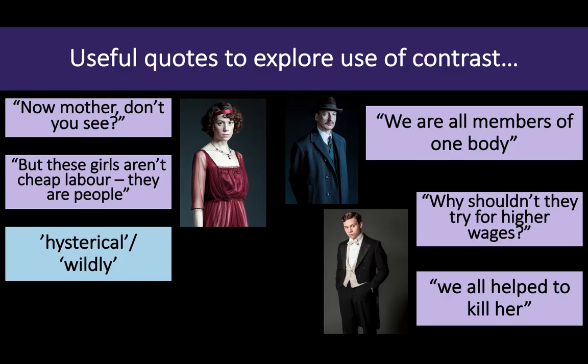And then we see that in stage directions towards the end of the play, when she's often described as behaving hysterically or wildly. And that's in great contrast to her mother, who is very stoic and rarely shows any emotion.